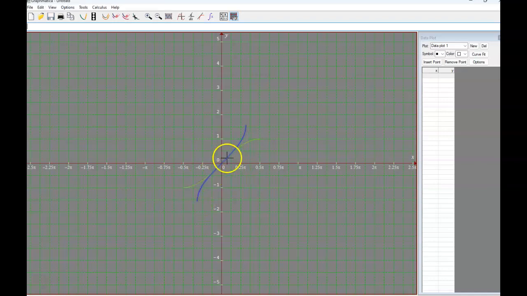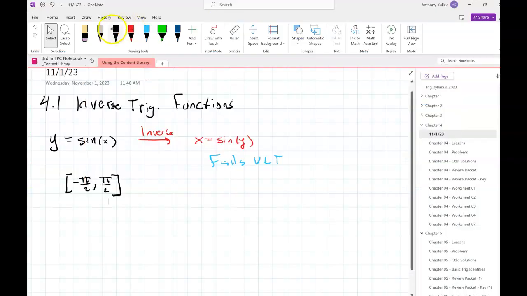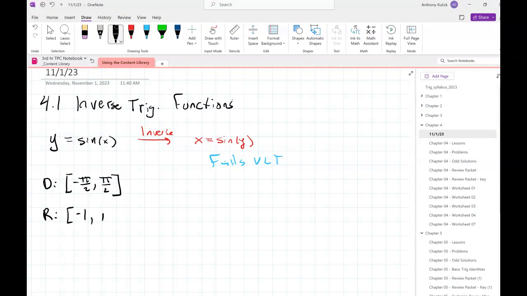So the domain for my inverse, let's go back here. So if I restrict, okay, so if I do that, and then I do the inverse, the domain for my inverse is now going to be the same as, we're swapping x and y's, right?